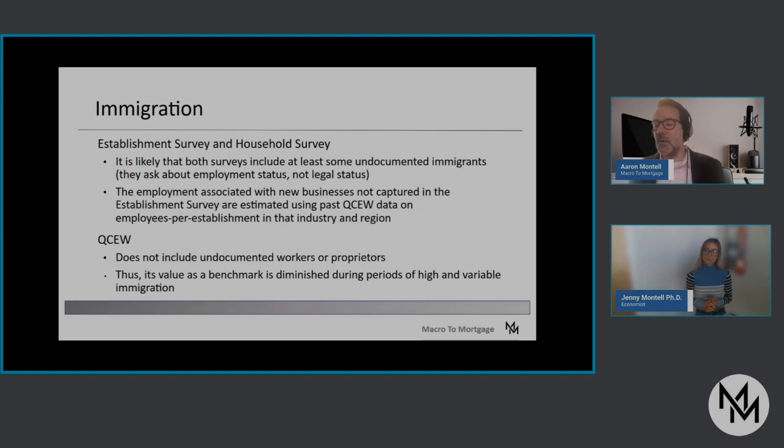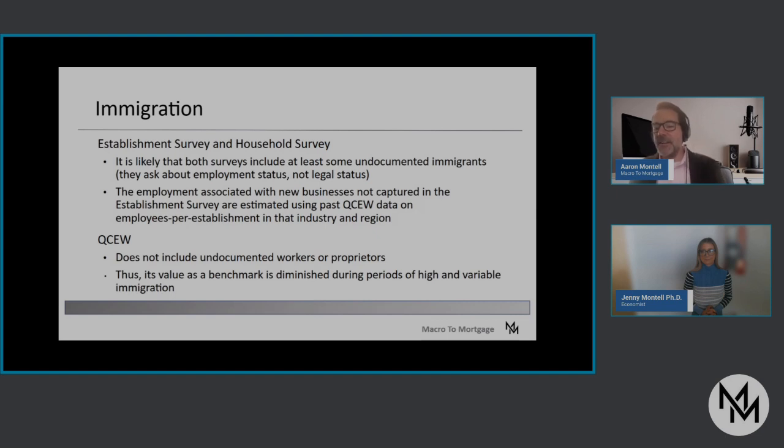Some people might ask, well, why are we including undocumented people in our count of employees? And I think the answer is pretty simple. It's that, documented or undocumented, those adults live in a community. They have employment, they're earning an income, and they're spending that income, presumably in that community, right? So they have an economic impact on wherever it is that they're living.